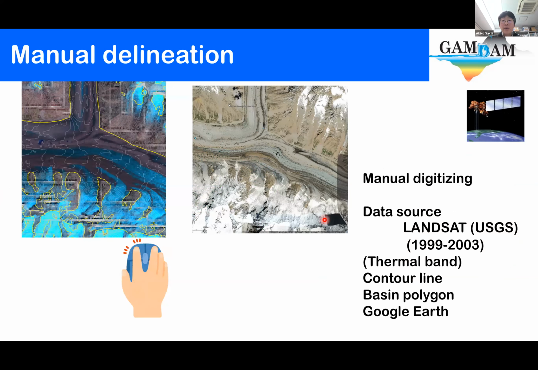In the first meeting, we decided that we would delineate glacier outlines by manual digitizing. Because there are many debris-covered glaciers in High Mountain Asia, we could extract glacier area for the debris-free part by band ratio, but we wanted to apply a consistent method for our whole target, so that we can unify the quality of the inventory.